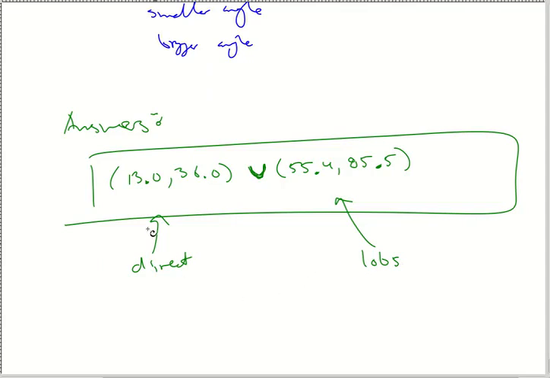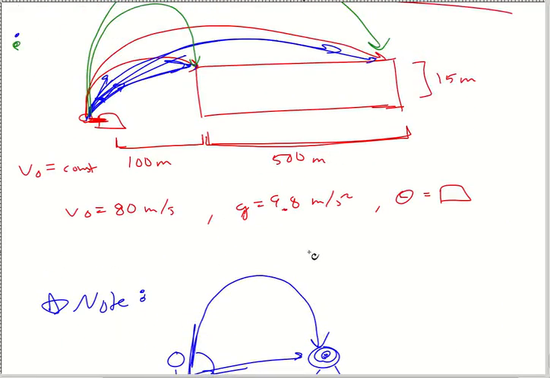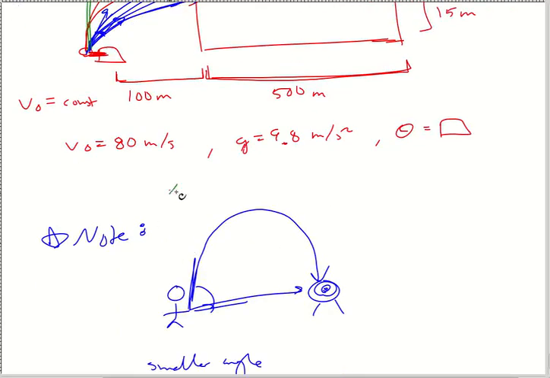And so you're trying to find, again, a minimum and a maximum, and then a minimum and a maximum for each one of those. I know that sounds like a lot of work, but it comes down to your vectors, and it's going to be V naught T cosine theta, V naught T sine theta minus 1/2 G T squared.